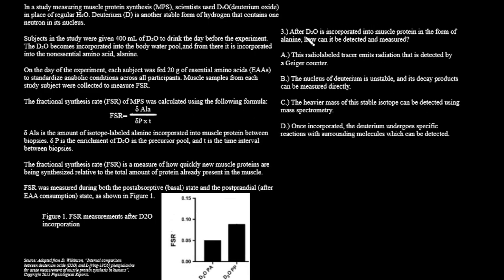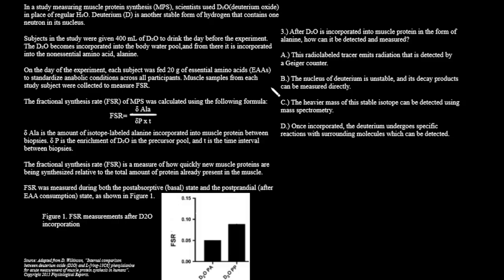Question number 3. After D2O is incorporated into muscle protein in the form of alanine, how can it be detected and measured? Answer choice A says this radiolabeled tracer emits radiation that is detected by a Geiger counter. Answer choice B, the nucleus of deuterium is unstable and its decay products can be measured directly.